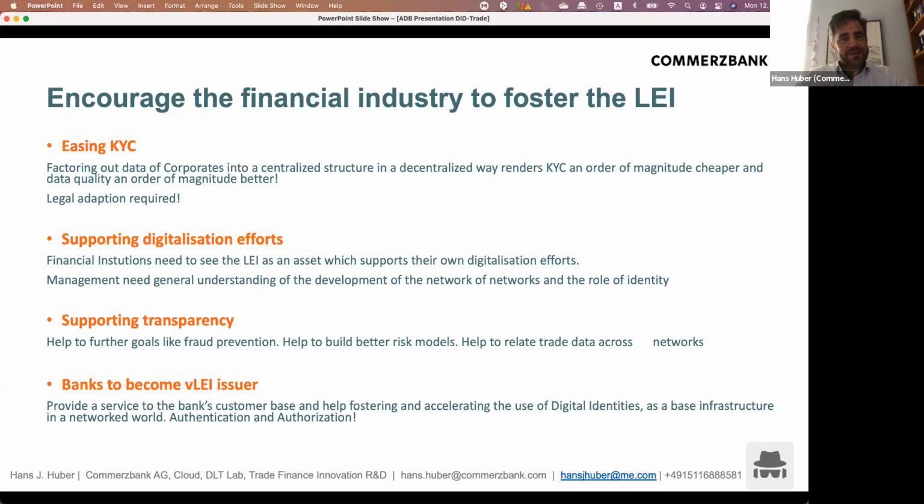And once people know more about it and the power behind it, they will start to invest in these areas. So I see our role as becoming an issuer and making sure that our customers use the verifiable LEI. Thank you.